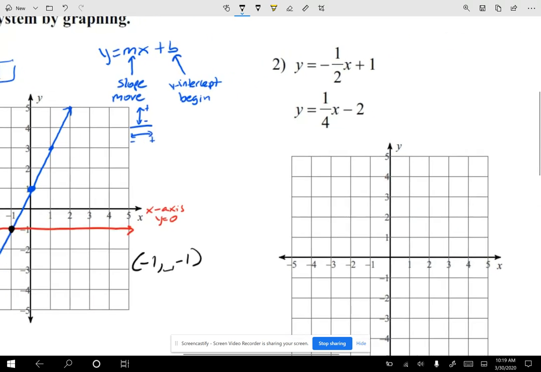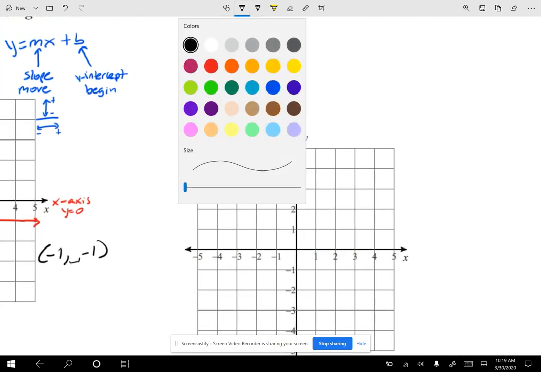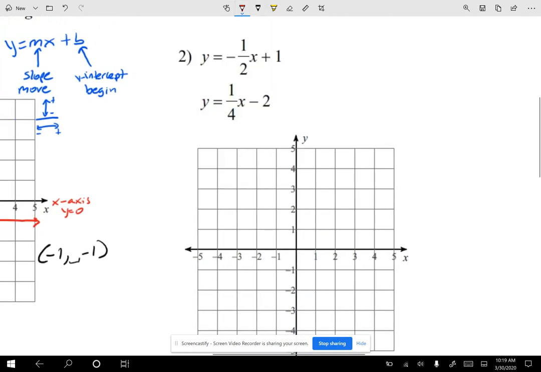All right, let's take a look at question number 2. I'm going to use red for the first line. I'm going to start at the +1. Now, my negative sign, I must give it either to the top or to the bottom. Only to 1. I'm going to give it to the top.